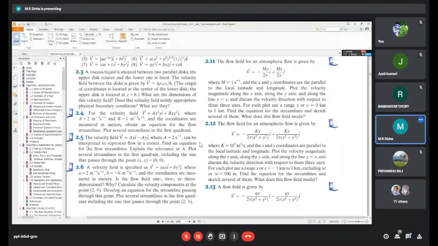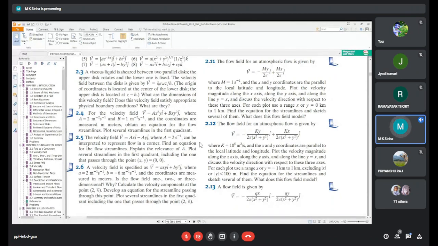V is given as A x i minus A y j. A is the constant that only multiplies or scales the value, nothing more. So find the equation for the flow streamline. The velocity vector is given, so u i plus v j, where u is given as x and v is given as minus y.